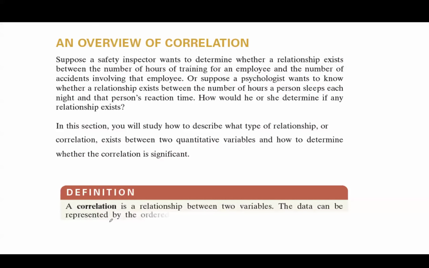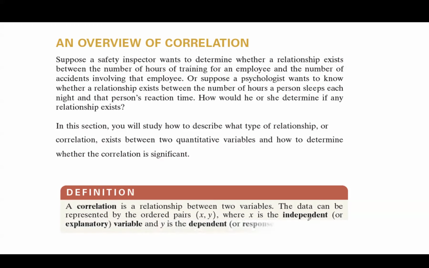The data can be represented by ordered pairs like X and Y. X is the independent or explanatory variable, so our variable X has two terminologies, independent or explanatory, and Y is the dependent or response variable.